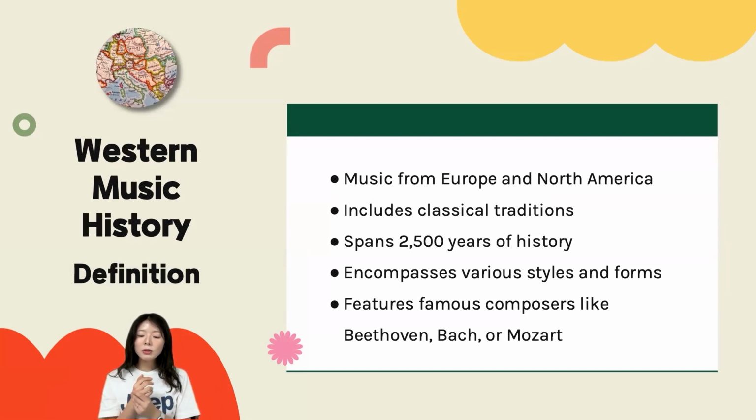But Western music history includes much more than just a few famous composers. It's about the ideas and instruments, styles, and stories that have shaped the way music is written and performed over the past 2,500 years.